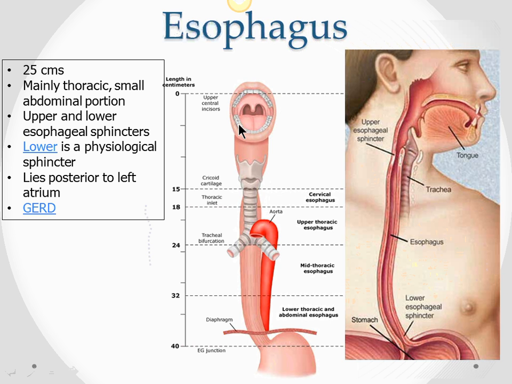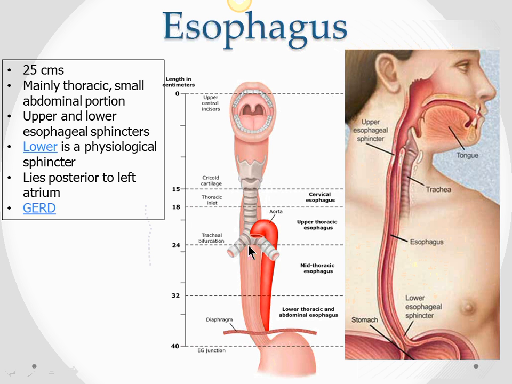Whenever you put a little fiber optic scope, like an esophagoscope, through the mouth into the esophagus, it is calibrated. If it is 18 centimeters from the incisor teeth, this is where you have reached. When it's 40 centimeters from the incisor teeth, you have reached the end of the esophagus and you will be in the stomach.